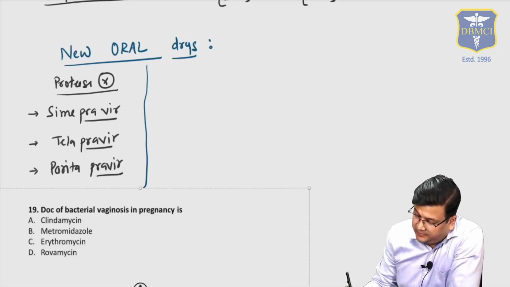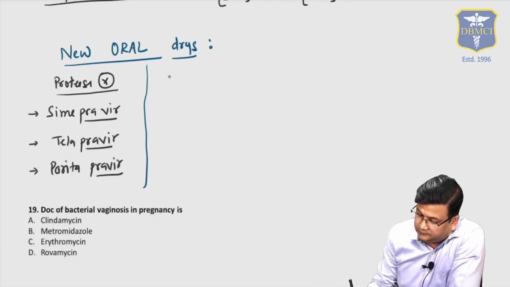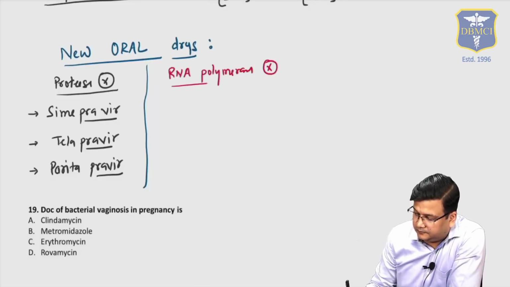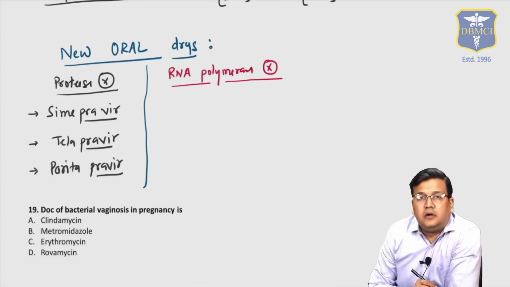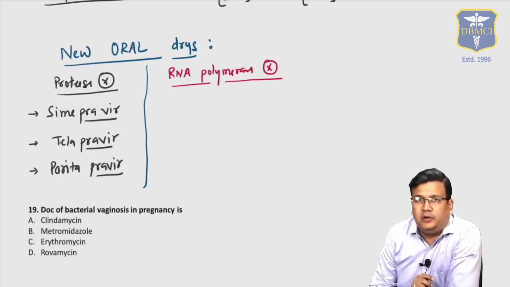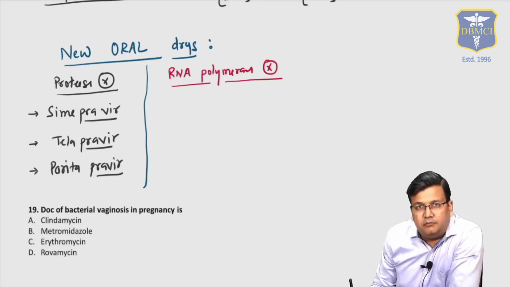Then there is a Hep C RNA polymerase inhibitor. Hep C is an RNA virus. Those drugs that inhibit the RNA polymerase, the RNA synthesis in hepatitis C, are known as RNA polymerase inhibitors of hepatitis C, and these drugs end with buvir.